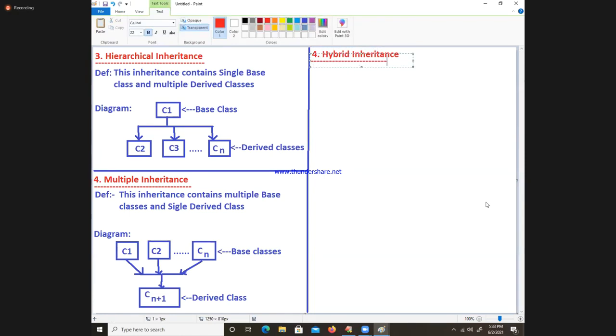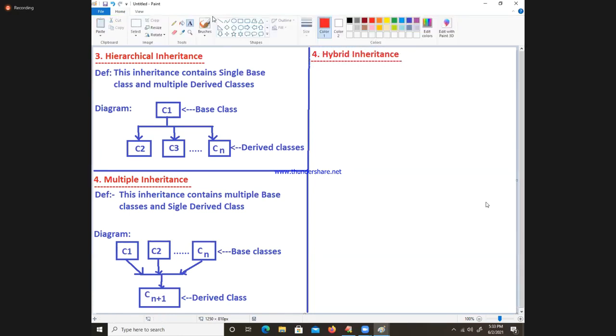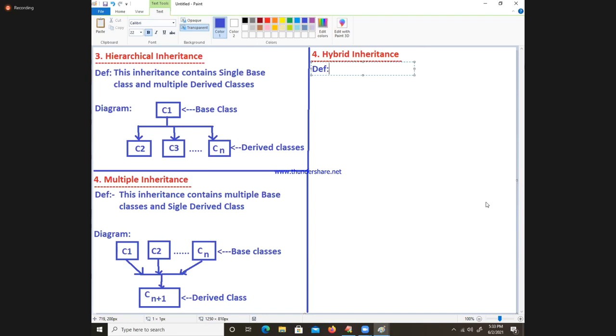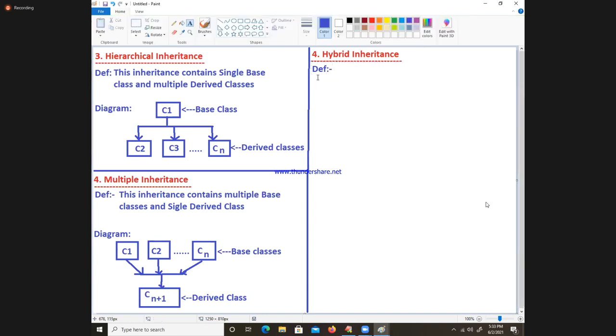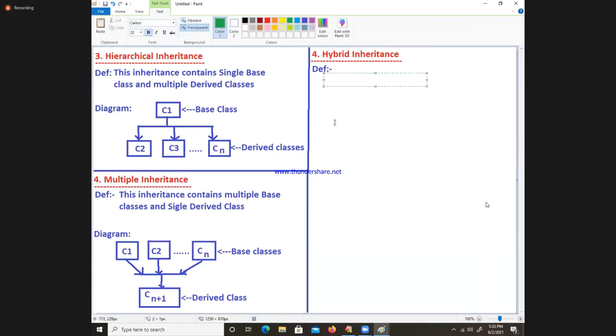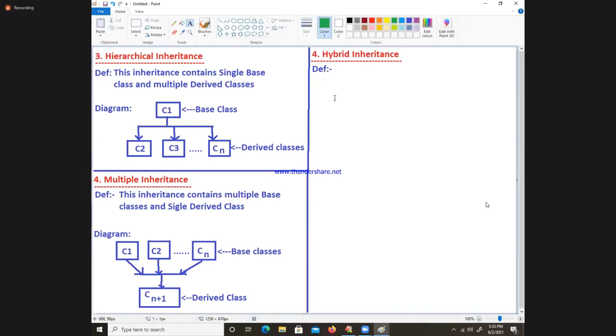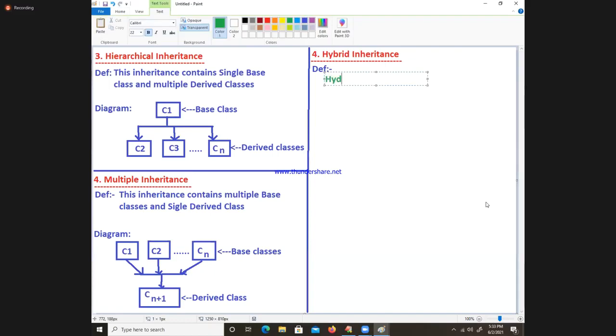I just want to go for preparing. First I will take the diagram. Or okay, definition first I will go for it. No issue. Here first I will write the definition. Hybrid inheritance is equal to, I will write like a formula, a combination of available inheritance types.